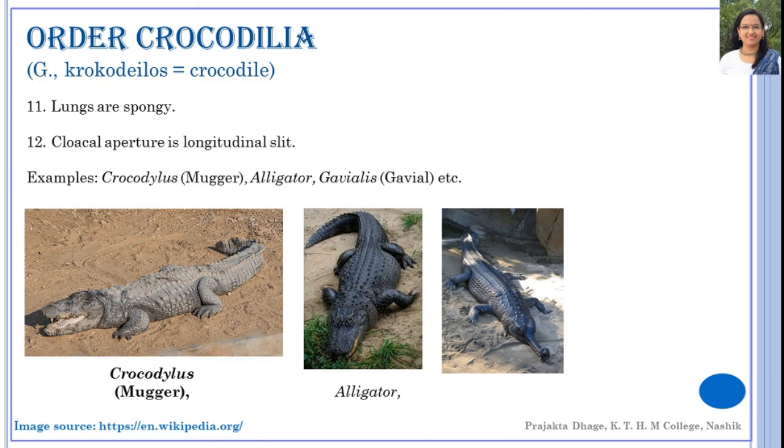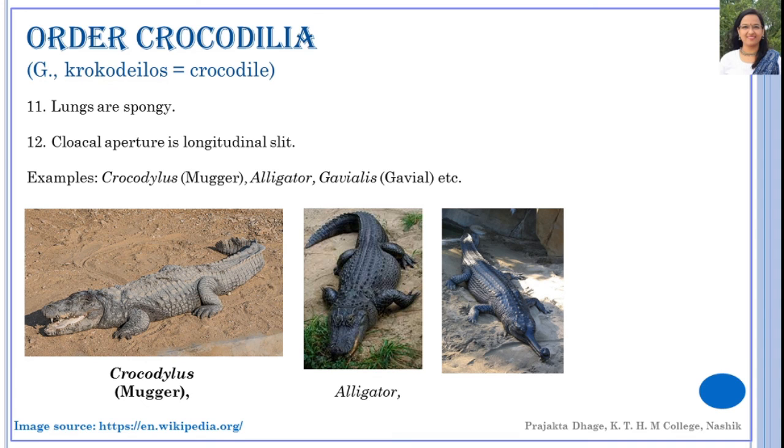Now lungs are going to be spongy in these organisms, and cloacal aperture is longitudinal slit-like. Heart is four-chambered and ventricle is completely divided into two by a septum. Now we have seen the examples: Crocodylus, alligator and Gavialis.